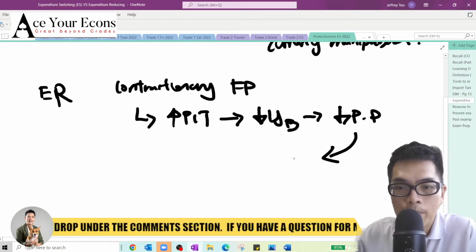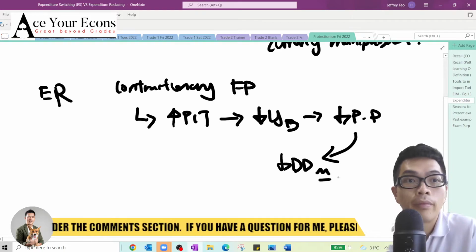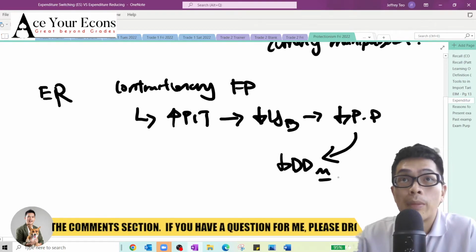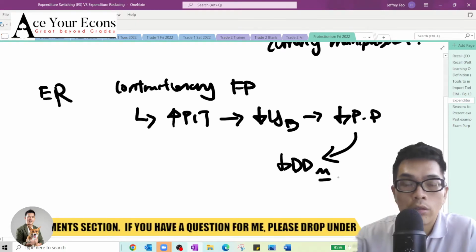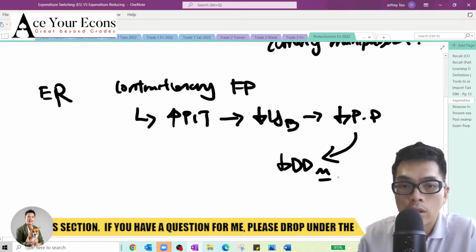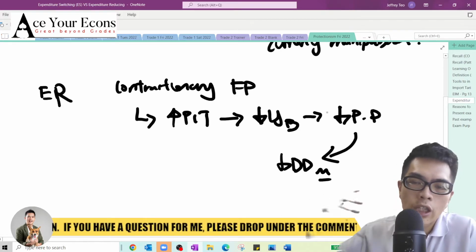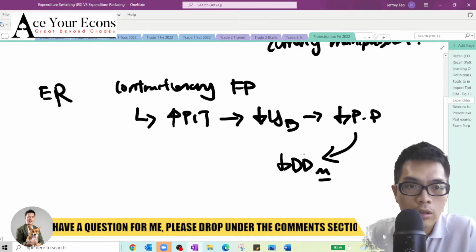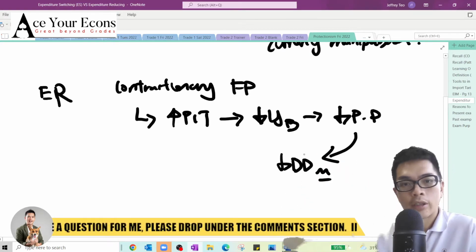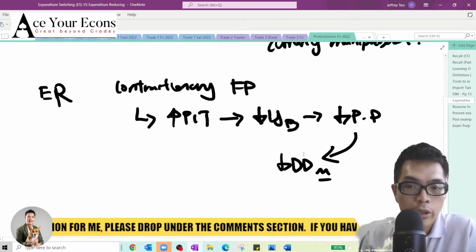When there's a fall in purchasing power, there will be a fall in demand for imports, right? Because of a loss in your disposable income, you're going to acquire fewer imports. So in other words, both your consumption and your imports are going to go down. Demand for imports is going to go down. So there is no switching to domestic consumption here. Both of them are going to go down. That's why it's called expenditure reducing.